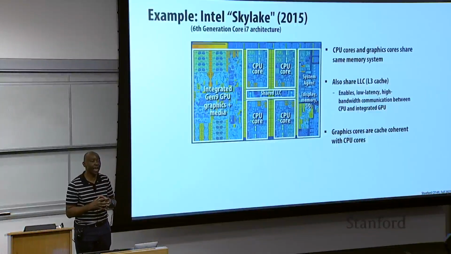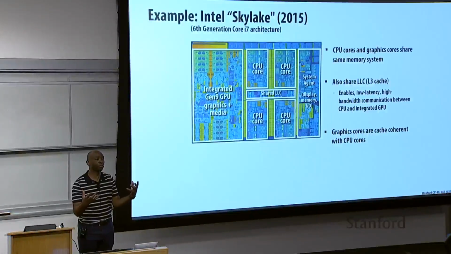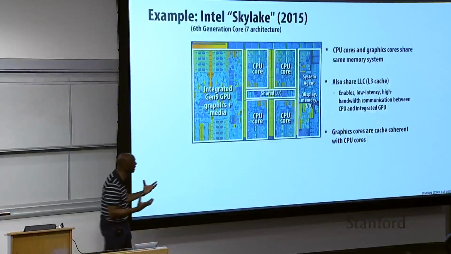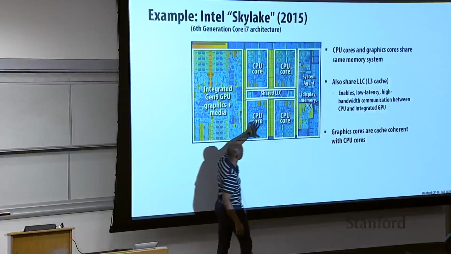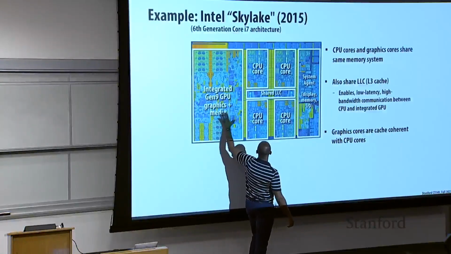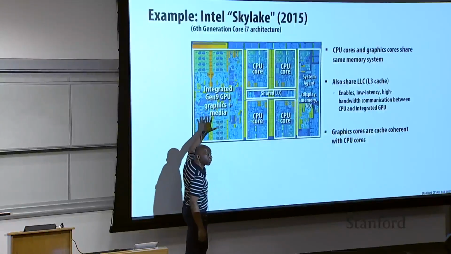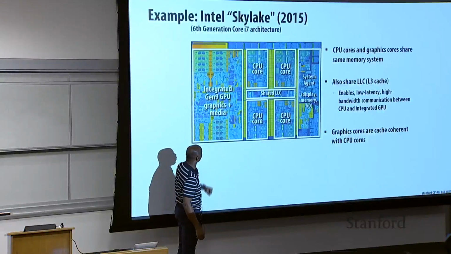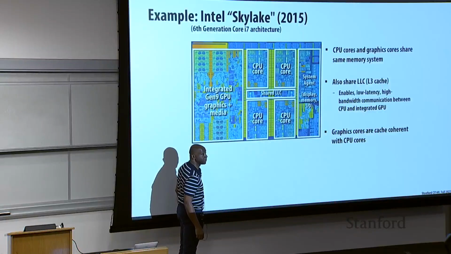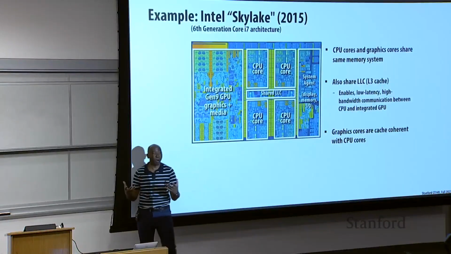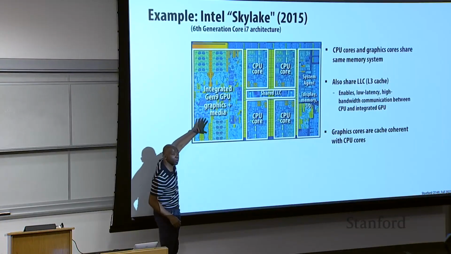But of course, it creates a more difficult programming paradigm, right? We've already seen that you need multiple threads for the CPU cores. You need some sort of data parallel programming model like CUDA for the GPU, and you might need a different programming model for the media components, right?